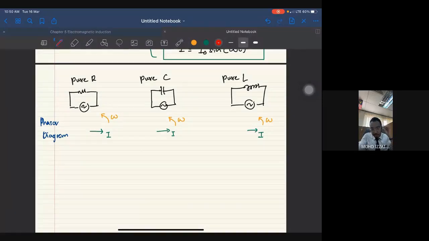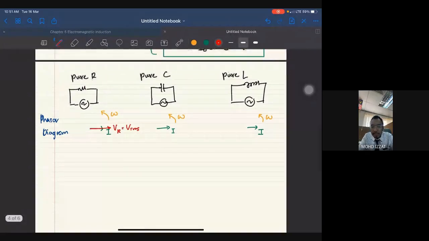Okay, now about the voltage. If I have a pure resistor, current and voltage will move together. This is actually VR, but because there is no other V, this one is basically just VRMS. It doesn't matter which you write. For a capacitor, by logic, before you have a voltage across the capacitor, you need to have the current first.